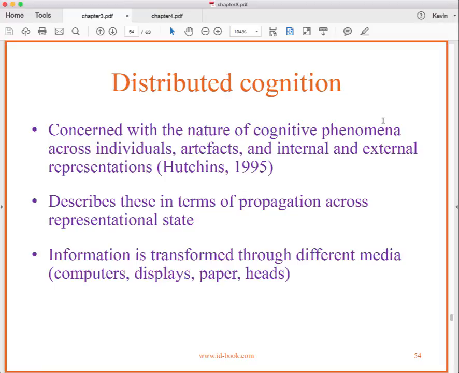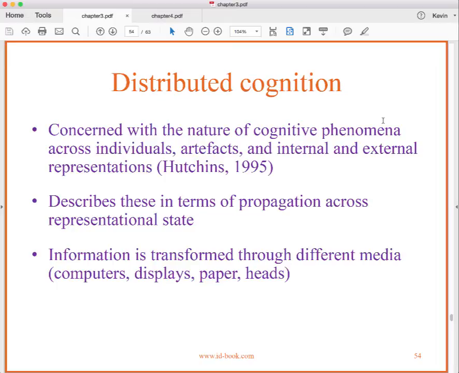It's concerned with the nature of cognitive phenomena across individuals, artifacts, and internal and external representations. It's described in terms of the propagation across representational states, and the information is transformed through different media: computer displays, papers, heads.